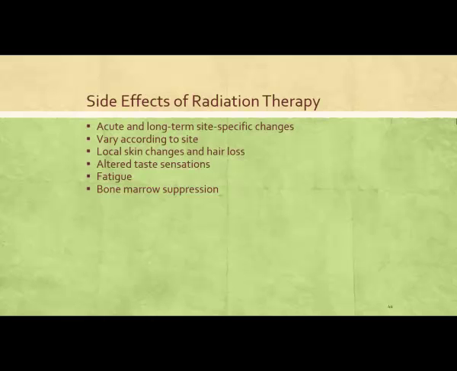Some degree of bone marrow suppression is going to occur regardless of the treatment site. So we just need to be careful with our patients that do have bone marrow suppression. So we want to watch for increased risks of infection, watch for anemia, and then watch for decreased clotting factors.